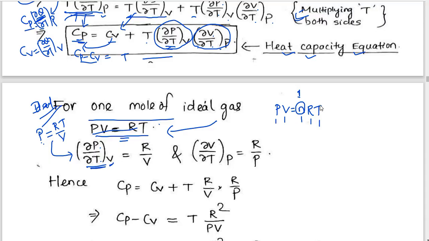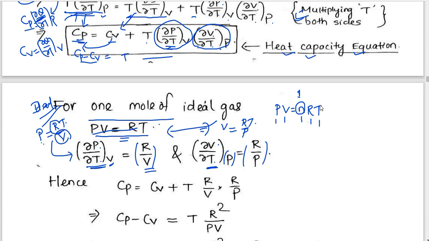So volume taken as constant, R also constant, so derivative of T will be 1 with respect to T, that will be R by V. And the second part, del V by del T at constant P. So from this equation V will be RT by P. Take derivative of V with respect to T, that will be 1, R constant, also in this case P is constant, that will be R by P.